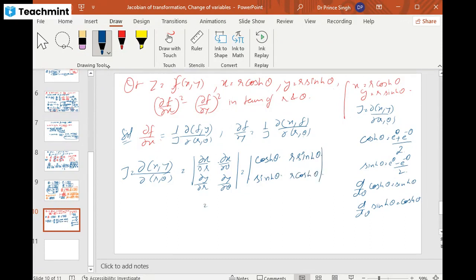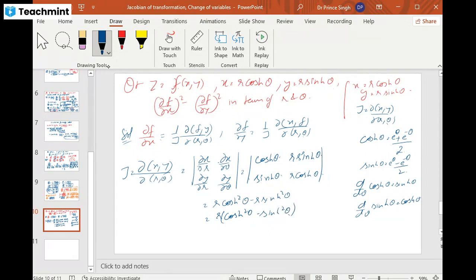Now, if we expand this, we get r times cos hyperbolic square theta minus r times sine hyperbolic square theta. So this is r times (cos hyperbolic square theta minus sine hyperbolic square theta).